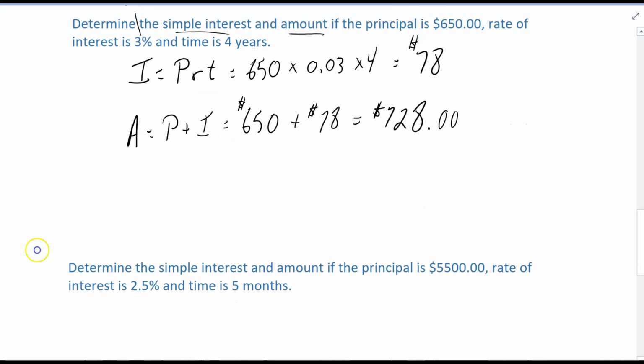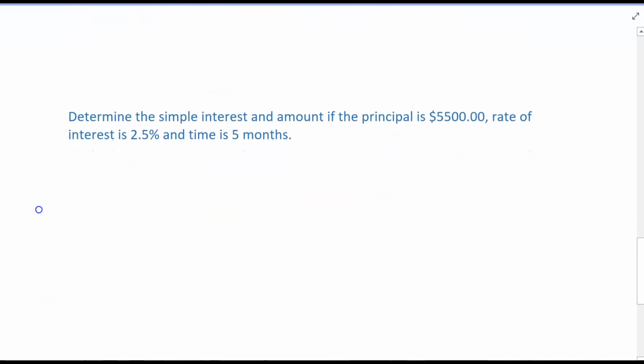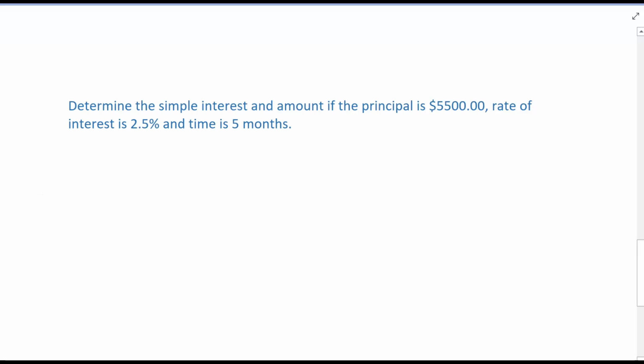All right. Moving on to a different one. Determine the simple interest and the amount if the principal is $5,500, the rate of interest is 2.5%, and the time is 5 months. So the principal is $5,500. The rate of interest is 2.5%.